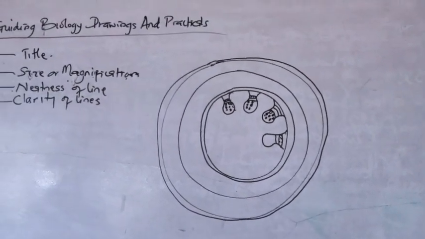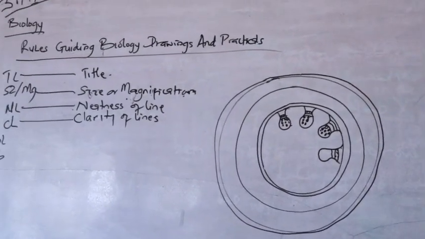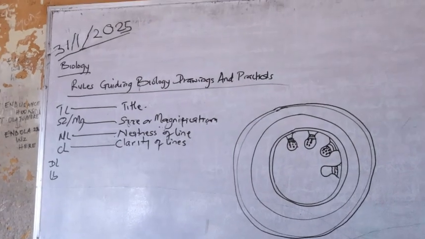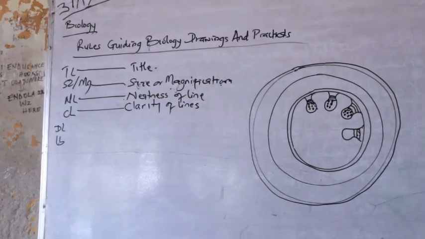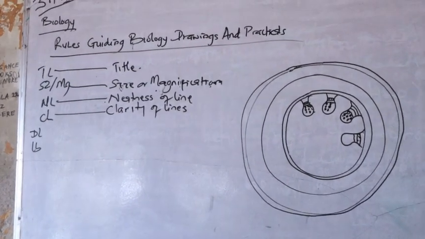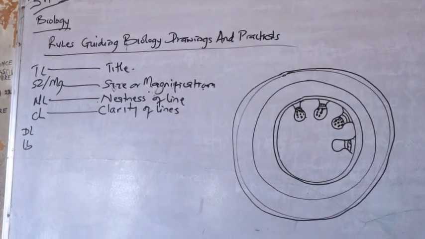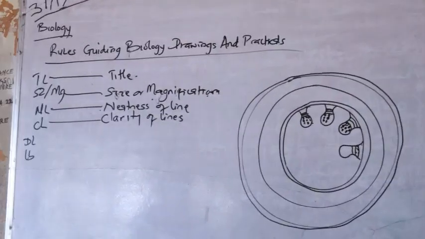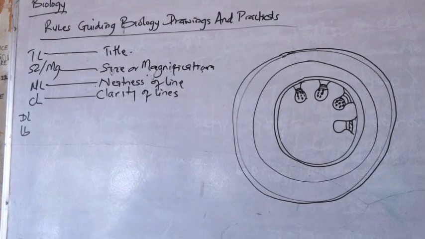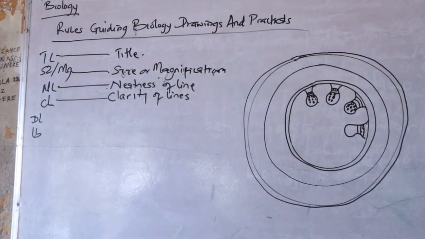Now, assuming this is what you are trying to draw, or probably the diagram is already there. Remember we said there are two main types of practicals. The one you do during private exams. What do we call the private exams? The ones you do during November, December, and that is why you have the GCE or the NECO November, December. Those ones are private.